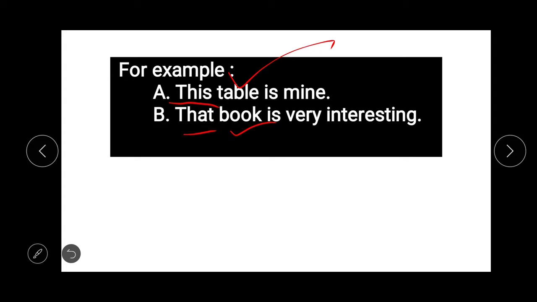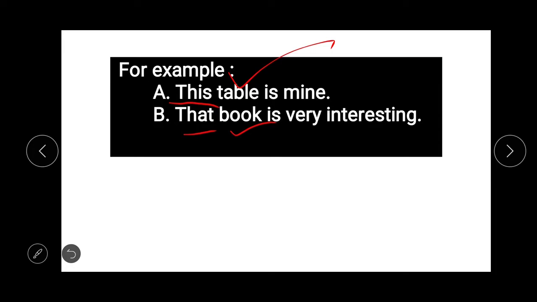That's why they are demonstrative adjectives, because they are used to modify or point out a particular noun or pronoun in a sentence.